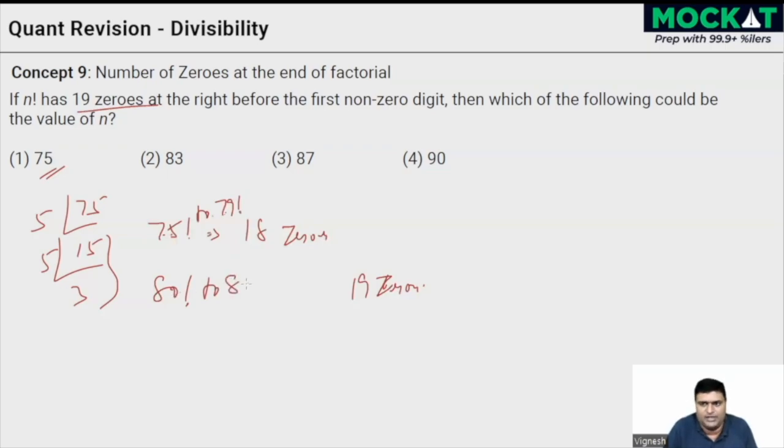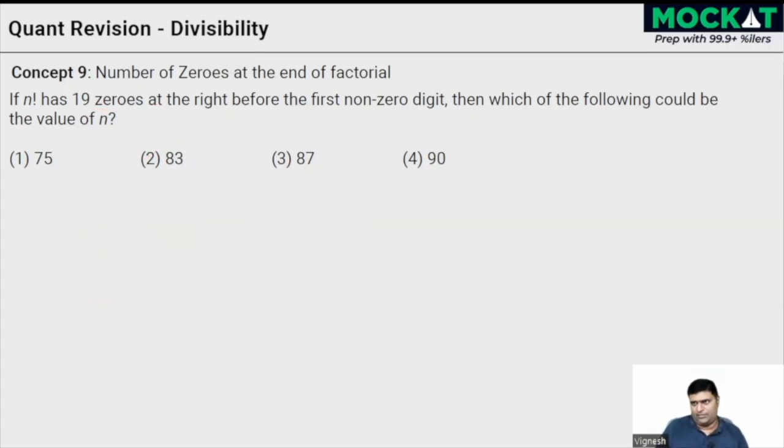Just before the next multiple of 5, which is 84 factorial, has 19 zeros, because 80 has an extra 5 in it. 16 into 5 is 80. If you multiply another 5 multiple to this, it produces another 0. The number in the range 80 to 84 factorial is option 2, 83. So 83 becomes the answer. You could get questions like this. You've got to be prepared for it.